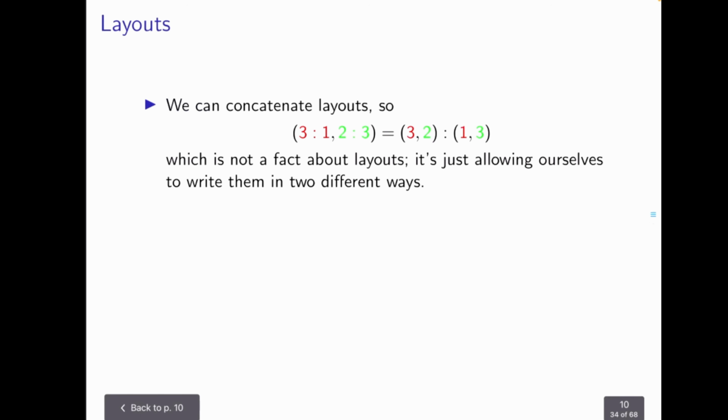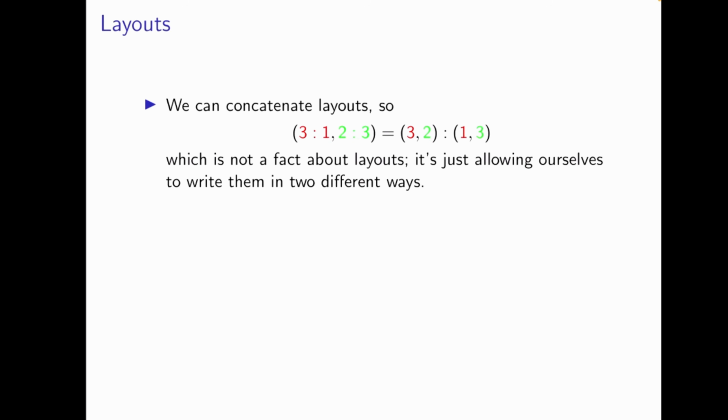Okay. So another thing we can do is take this concatenation of layouts. If I have a one-dimensional layout like 3:1, I could concatenate that with 2:3, and then that's just the same as saying (3,2):(1,3). I'm not claiming anything about layouts here. This is just a notation, and sometimes it's more convenient.